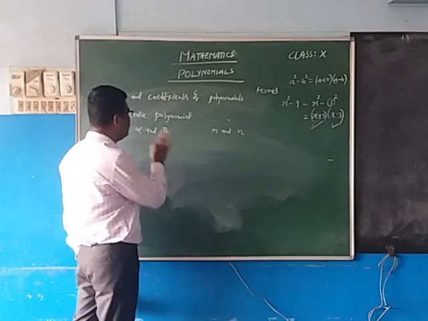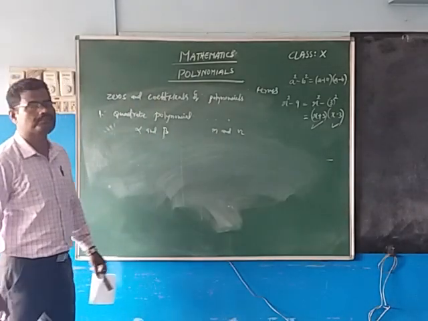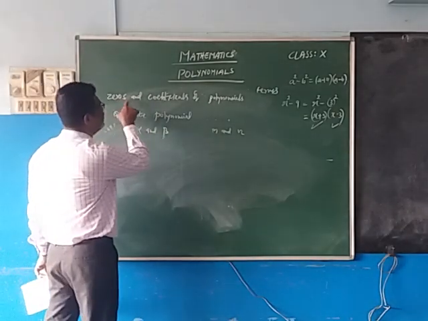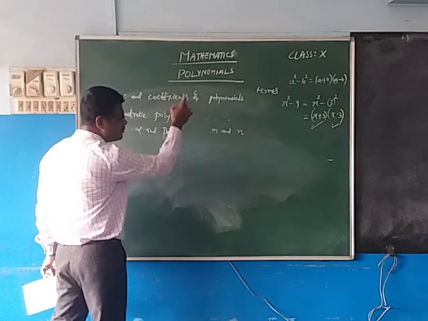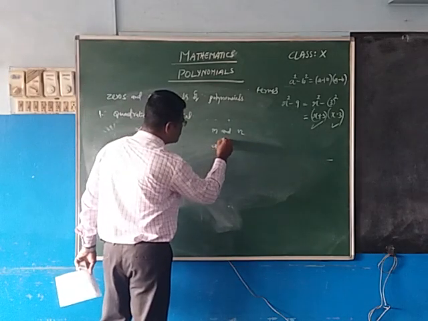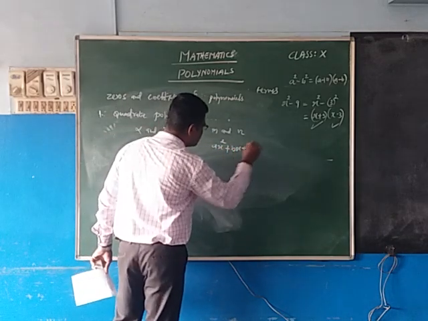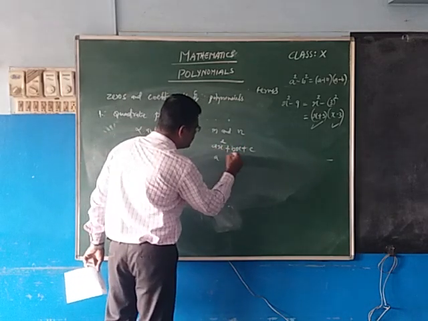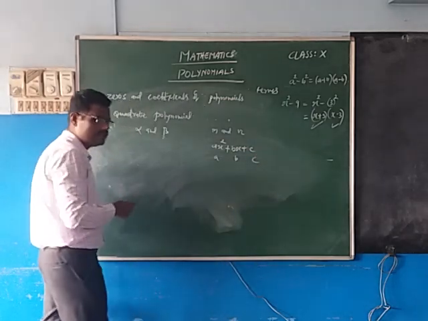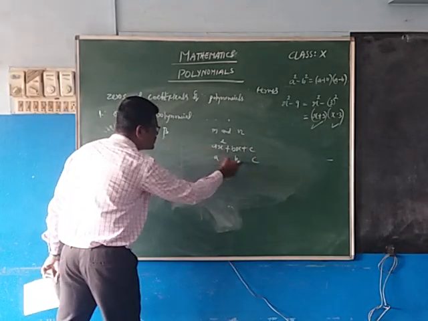Generally, we call them alpha and beta. So, zeros and coefficients. You know what coefficient means? Suppose the polynomial is ax square plus bx plus c, then a is a coefficient, b is a coefficient, c is a coefficient. And what is the relationship between these? The question.